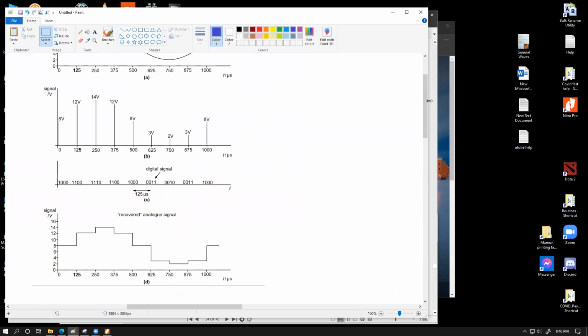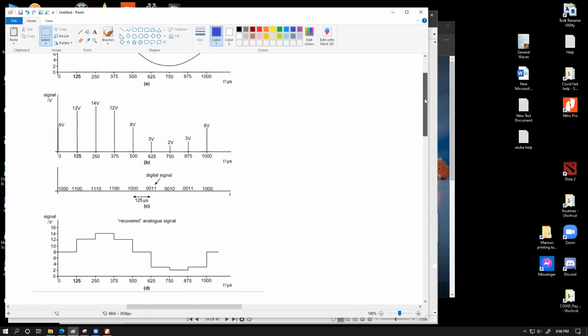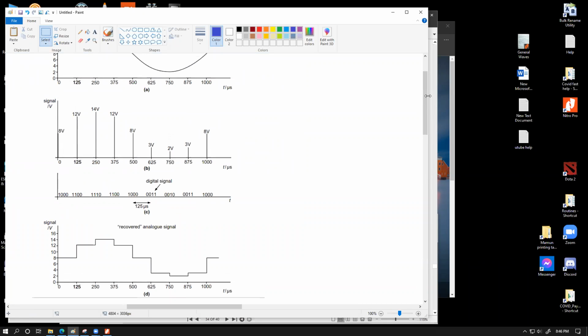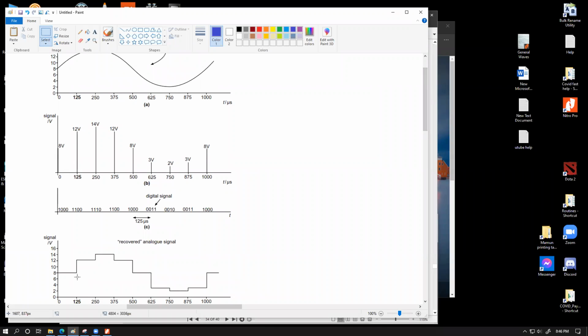Okay, let me try to explain what I'm trying to explain. Try to have a look. One of the important things for us to have a more similar signal, a recovered signal like the original analog signal, is essentially to make these gaps smaller. Let me give you a bit of an example.